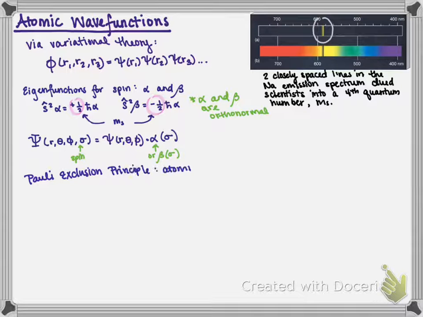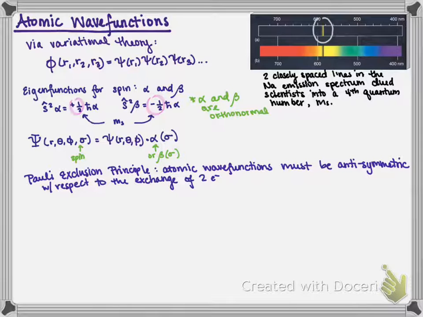You may also recall the Pauli exclusion principle, which we told you in general chemistry meant that each electron needed four unique quantum numbers. But actually, the Pauli exclusion principle is a little more complicated than that. It states that atomic wave functions must be antisymmetric with respect to the exchange of two electrons. This means that if you take an electron you've previously called 1 and an electron you've previously called 2, and you swap their notations, so that number 2 becomes number 1 and number 1 becomes number 2, you'll make your wave function negative.